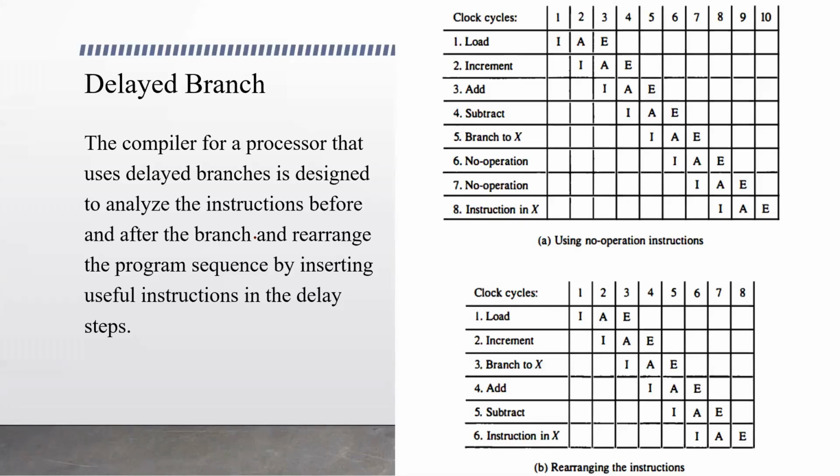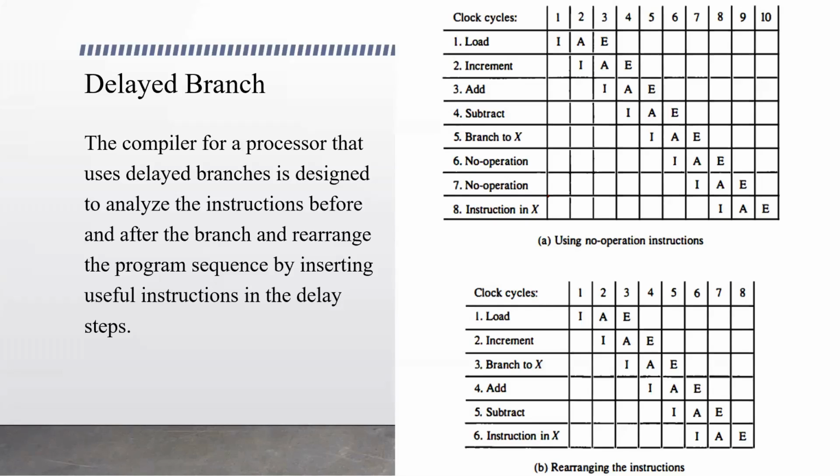Where there is a delay, it inserts some useful instruction. If no useful instruction is identified, it inserts a no operation instruction. So no operation will be performed, but the delay is handled. This is how a branch delay can be handled.